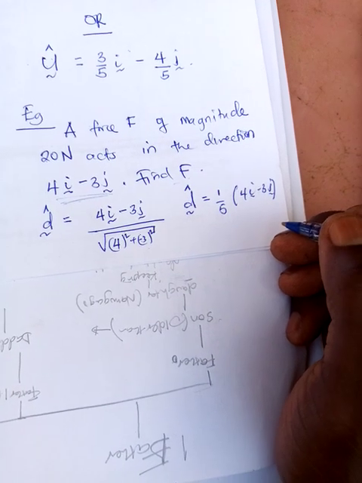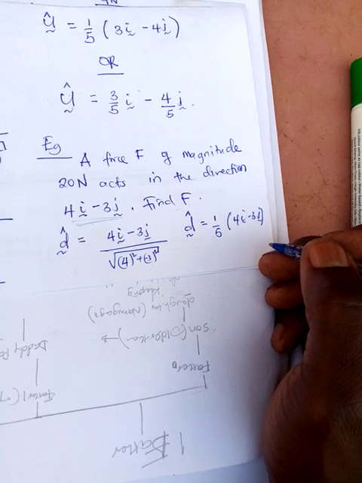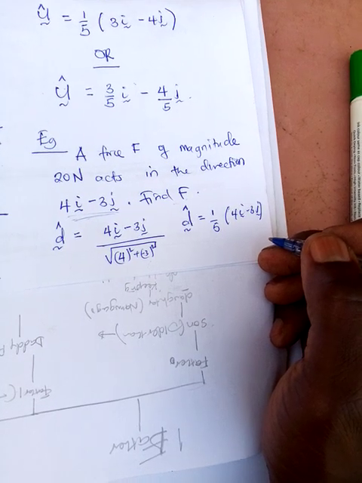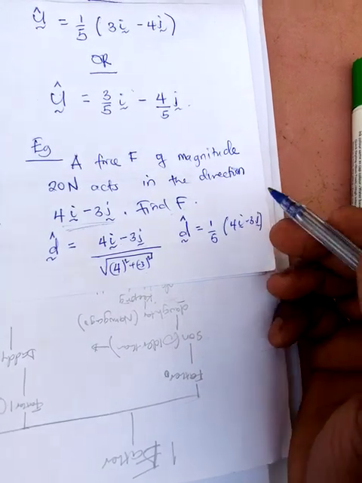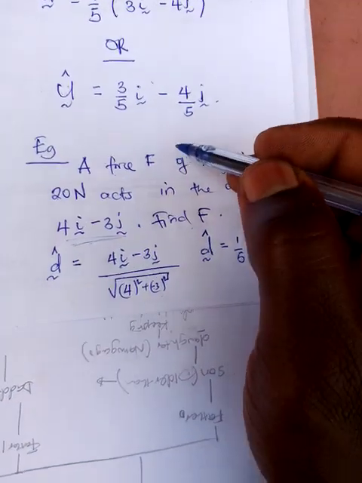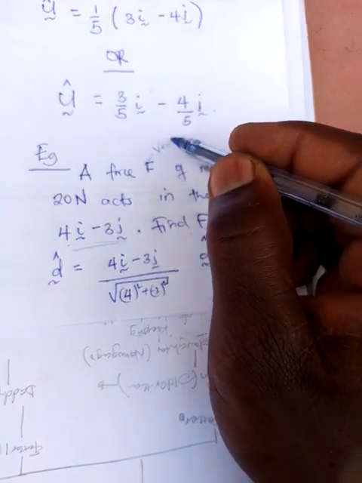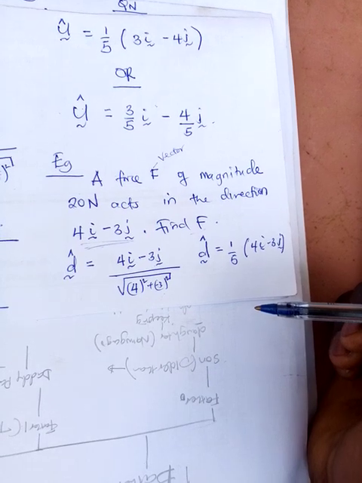So we said any vector can be expressed in terms of its unit vector and magnitude. So the magnitude of this force, this is the vector. So any vector can be expressed as its unit vector and magnitude.